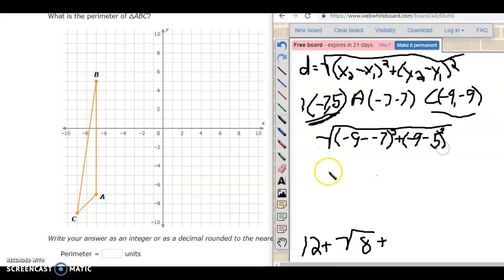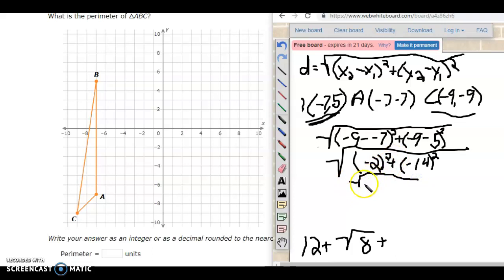Start within my parentheses. Negative 9 minus negative 7 gives me a negative 2 squared, plus negative 9 minus 5 gives me a negative 14. Now going to do my exponents.